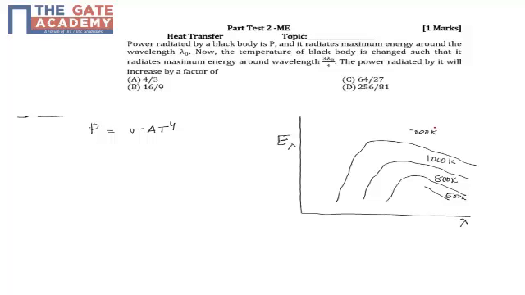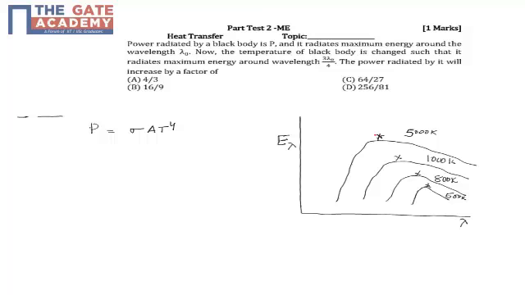Around the sun, this is 5000. So what it basically means is that as temperature is increased, you will be getting the peak power radiation at lower wavelengths.